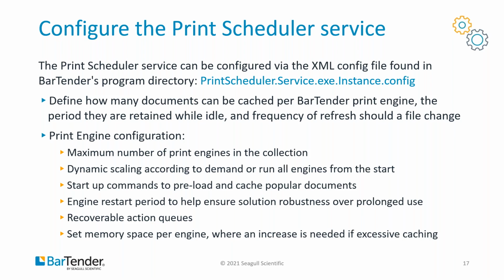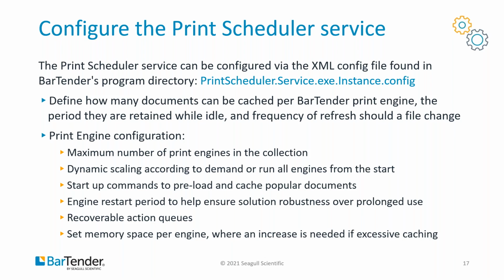The first has to do with the caching of BarTender documents in each BarTender print engine. As printing occurs, as part of that printing process, a document is loaded into the memory that is used by one of the print engines, and it will produce a print job. Now, unless specified otherwise, the document will remain in memory.